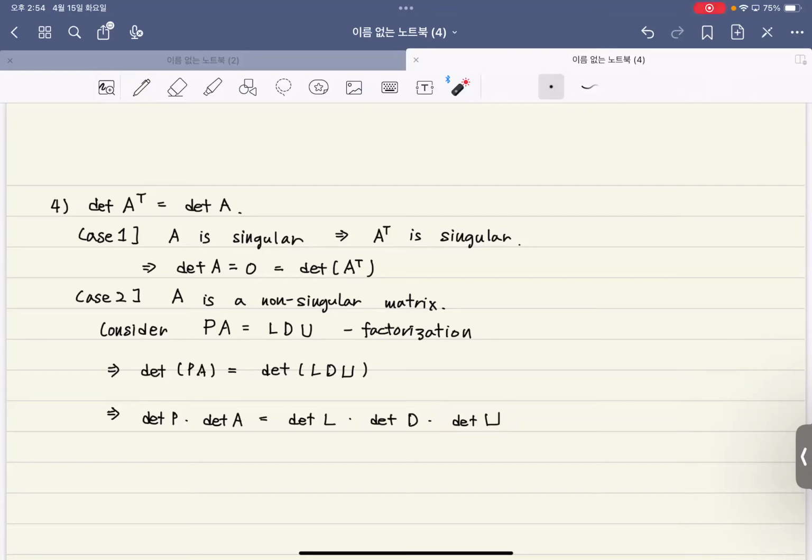In this LDU factorization, the matrix L is the lower triangular matrix whose diagonals are all 1s, and the matrix U is the upper triangular matrix whose diagonals are all 1s. And you remember that the determinant of an upper triangular matrix is nothing but the product of all its diagonal entries. Since its diagonals are all 1s, this must be 1.